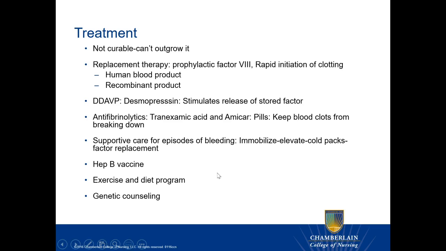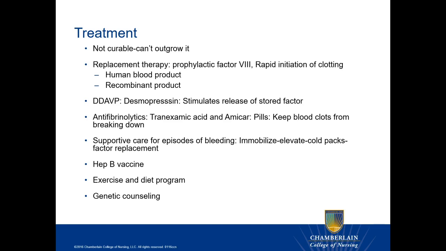So Hep B vaccines. We try to give all the vaccines, especially for viruses that may be in contaminated products. Exercise and diet. Weight could also be a factor in joint bleeds, and so we want to try to keep them as slim and trim as possible and without injury to joints.